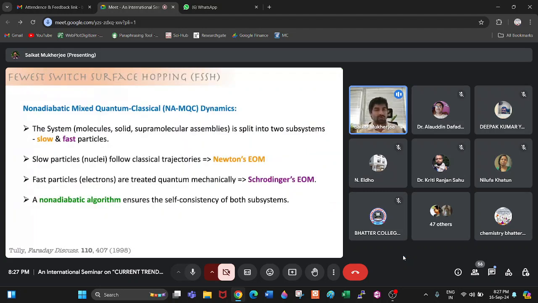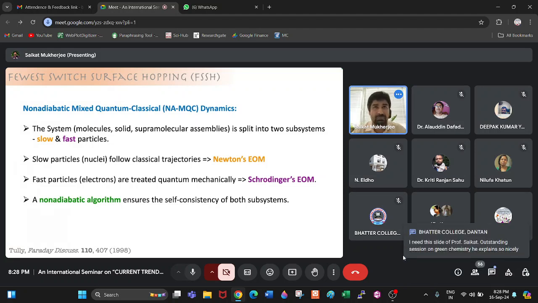Let's understand how this non-adiabatic mixed quantum classical dynamics, that is surface hopping, works. First, you split your system into two subsystems, right? One is slow and one is fast particles, like nuclei and electrons. For the slow particles, that is nuclei, you follow classical trajectories.